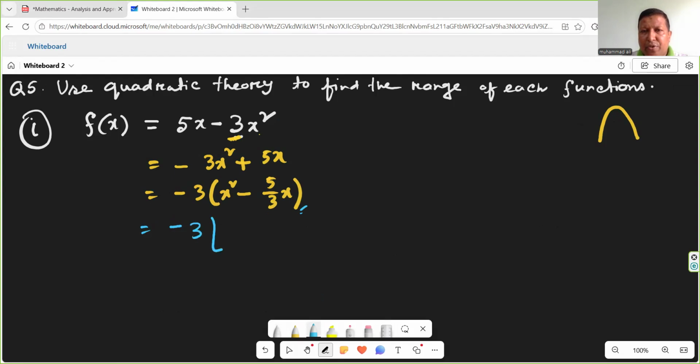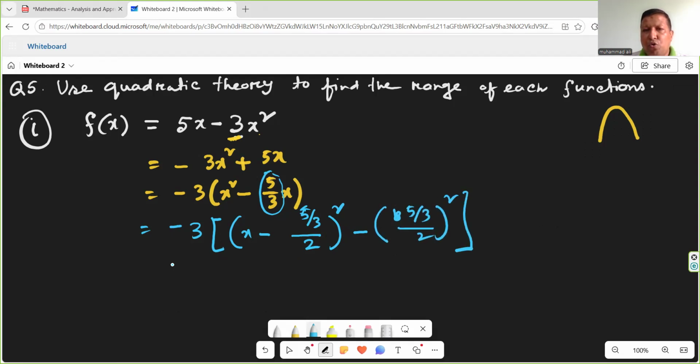So minus 3 (x minus b/2. Here b will be the whole 5/3. So 5/3 divided by 2, minus b/2 whole square, minus (5/3 divided by 2) whole square. Bracket close. So minus 3, it will be (x minus 5/6) whole square minus (5/6) whole square.